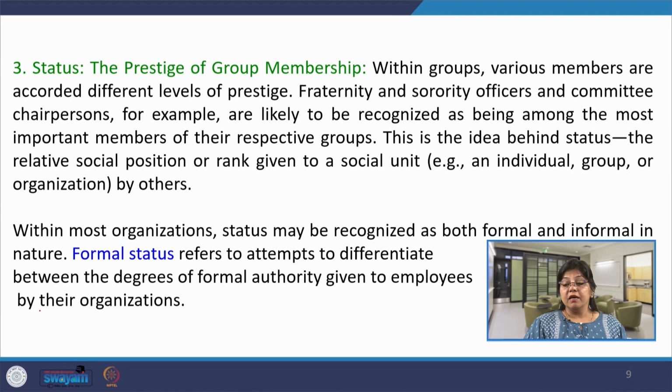So, this is the idea behind status, that is the relative social position or rank given to any social unit, that is individual, group or organization, by others. Any CEO of the group has a status, not only for the special or important role he or she has to perform, but the rank and prestige that he or she holds, that constitutes the status. In most organizations, status is recognized as both formal and informal in nature.